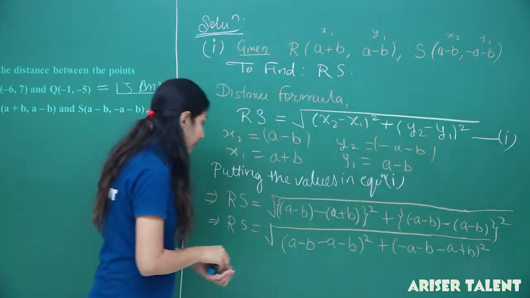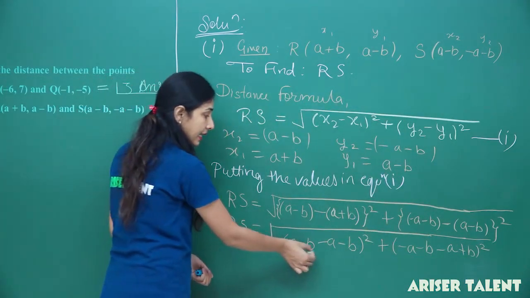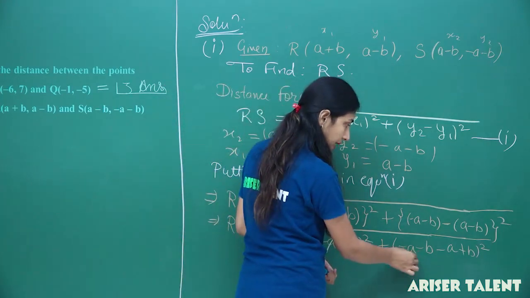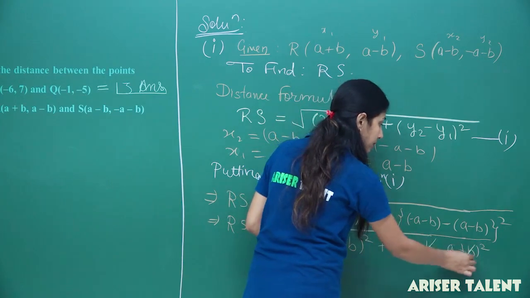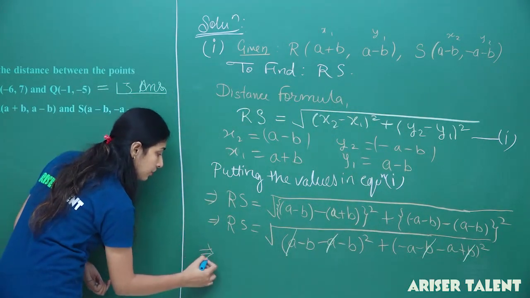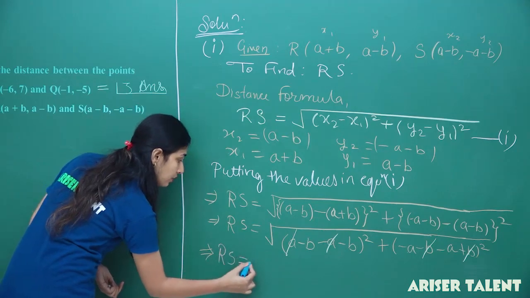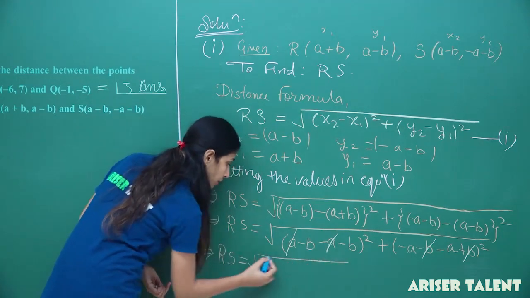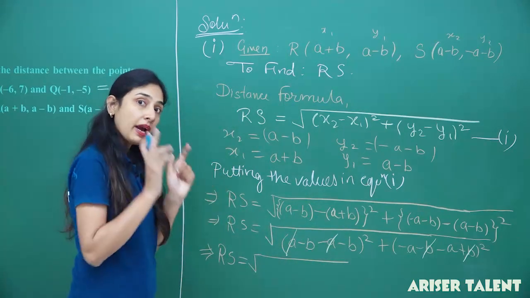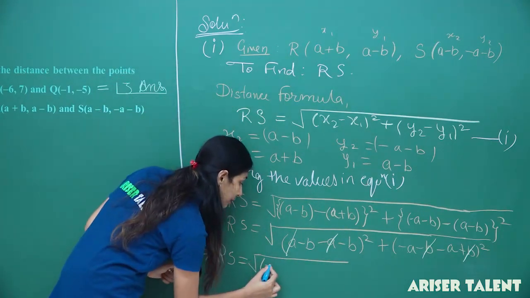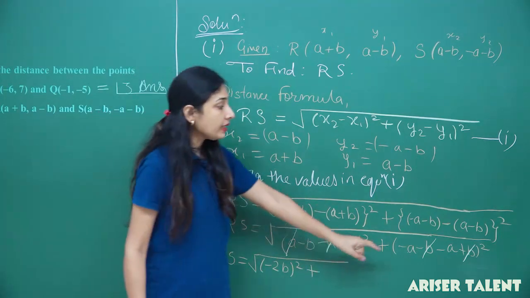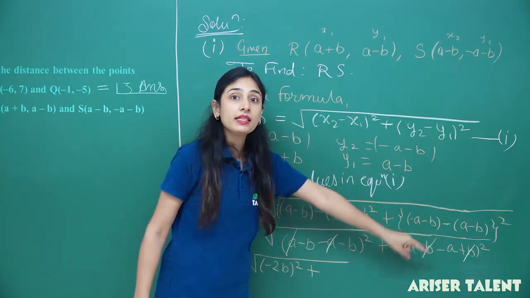Now what and what can be cut? Now this is plus a and this is minus a, cancel out. Here it is minus b and plus b, cancel out. Simply that will be sorted to RS equals root of, this is minus b and minus b, which is minus 2b, so that will be minus 2b whole square, plus minus a and minus a again. So minus a is what?